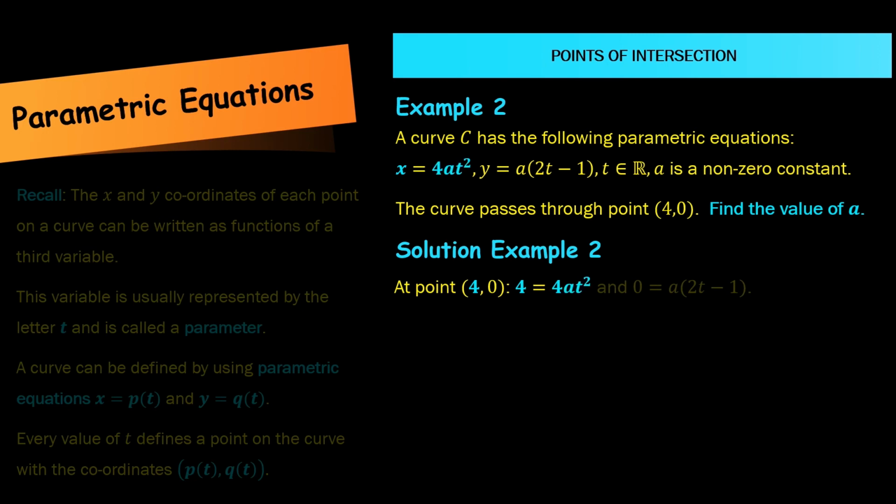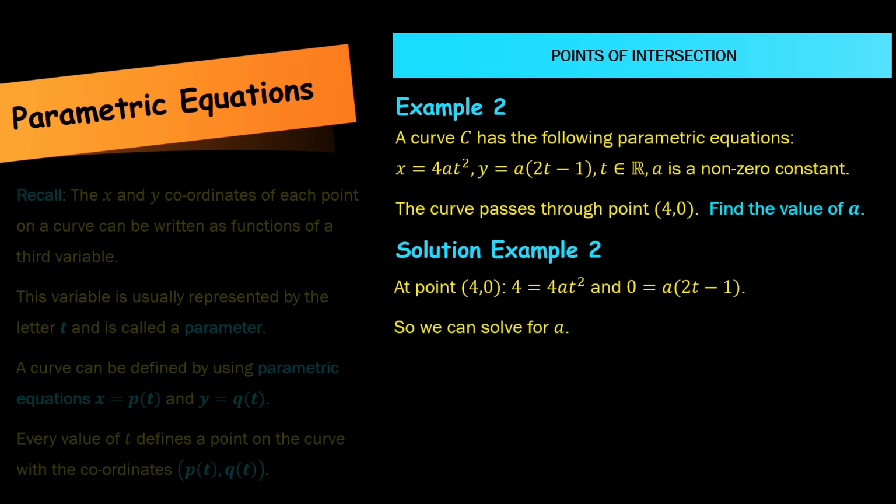We obtained the second equation from the equation y equals a times 2t minus 1, by simply plugging in the value y equals 0. So we have these two equations, and we can now solve for a, since we have two unknowns and two equations.